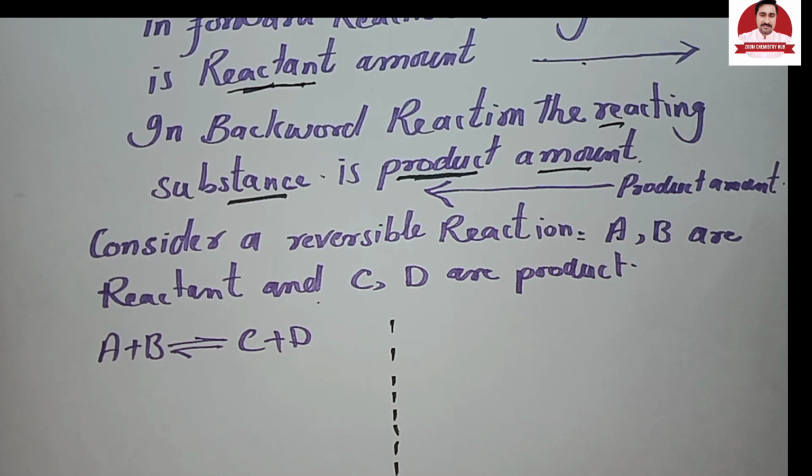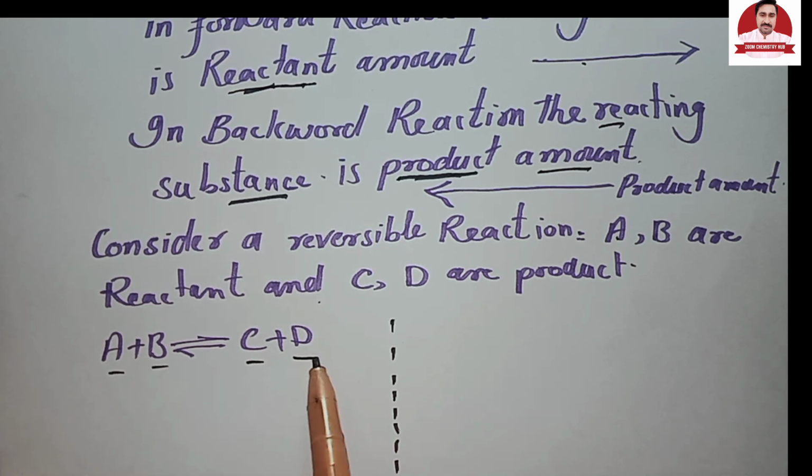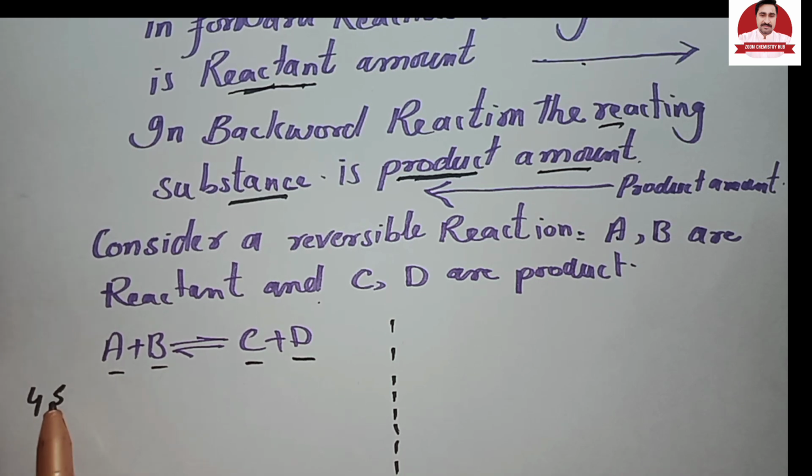Now we derive the equilibrium constant expression. First, we divide this reaction into 4 steps. In the first step, we write the rate of forward reaction.